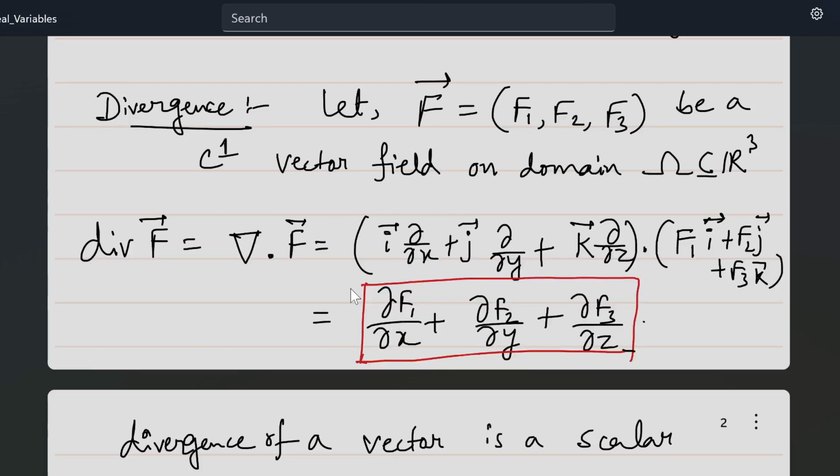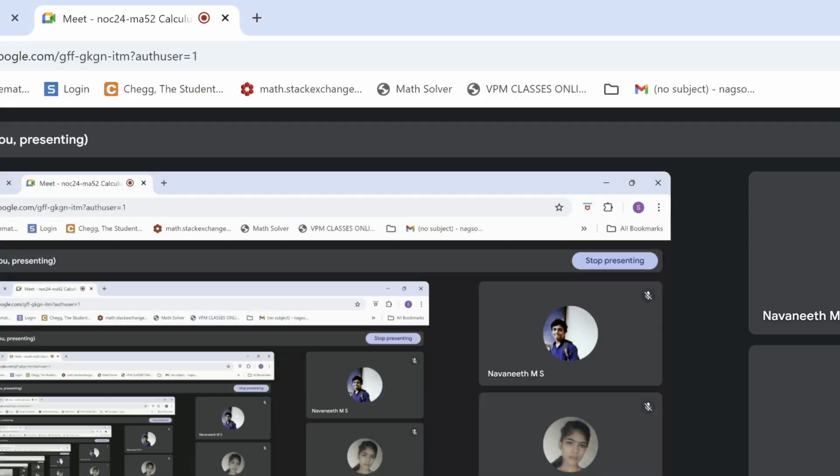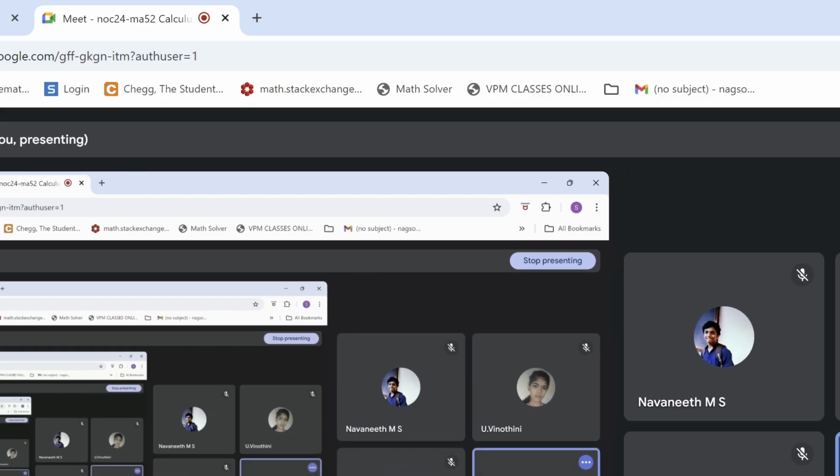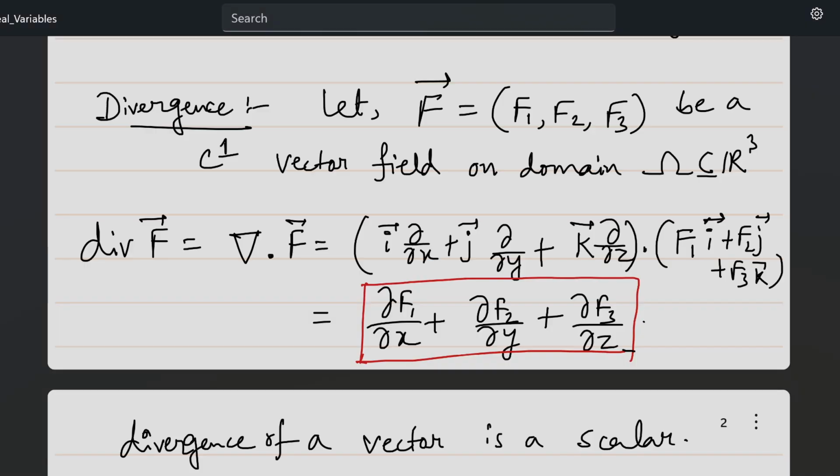So what does it mean physically? Anyone knows what you mean by divergence physically? I am talking about divergence of a vector field first. Suppose F is a C1 vector field. Divergence of F is given by whatever I wrote in the red square box.